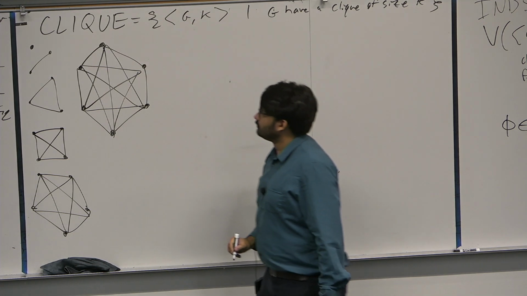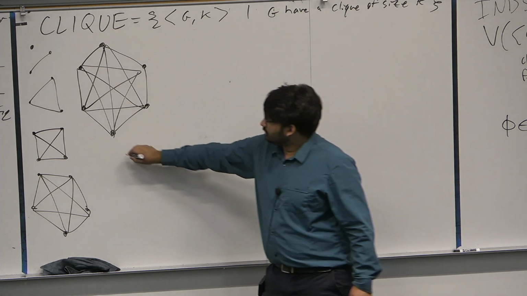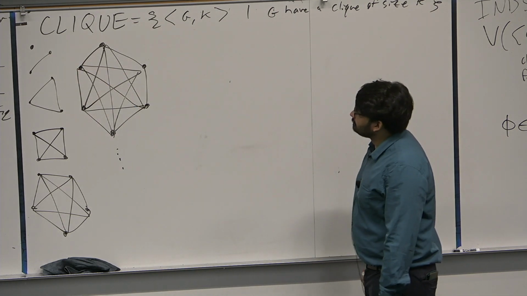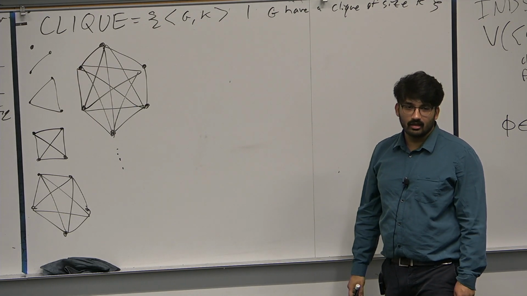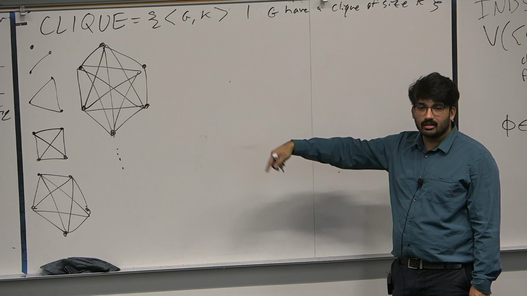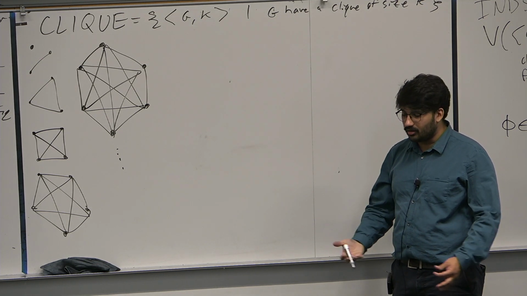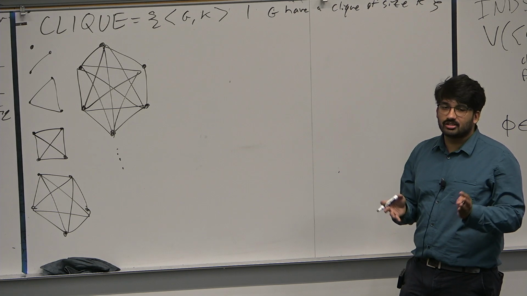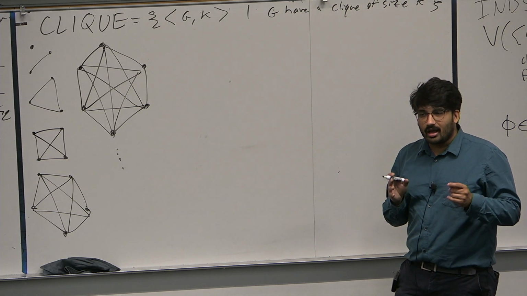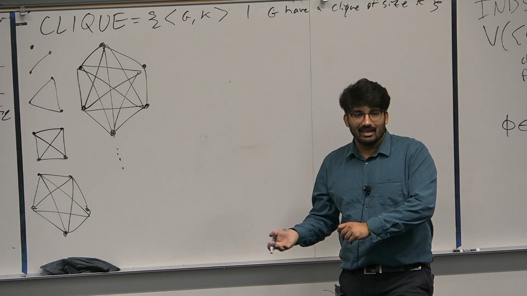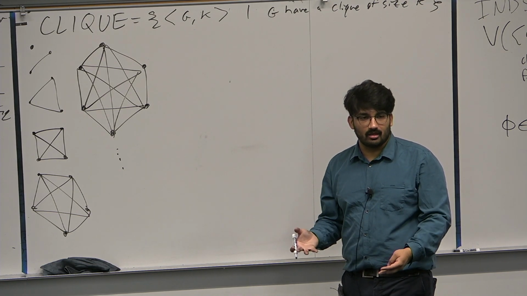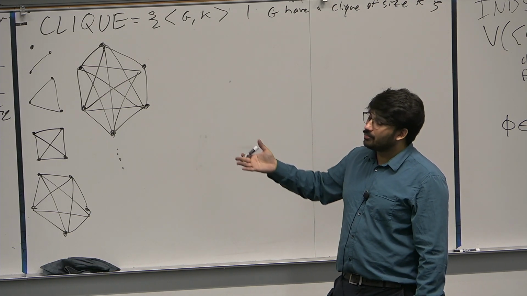Okay, I think that's right. This is a clique of size 6, 5, 4, 3, 2, 1. We all know what a clique is. It's easier to just point and say that's a clique. A graph has a clique if it has a subgraph that is a clique, so some portion of the graph appears to be a clique, the same way a portion of a graph could be independent.